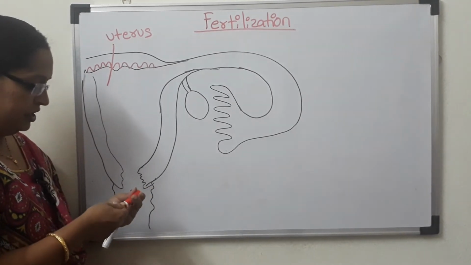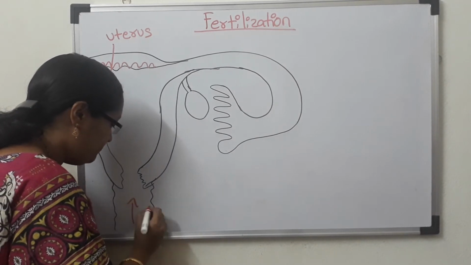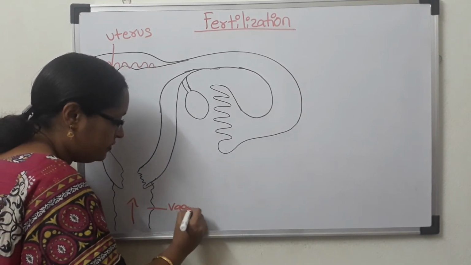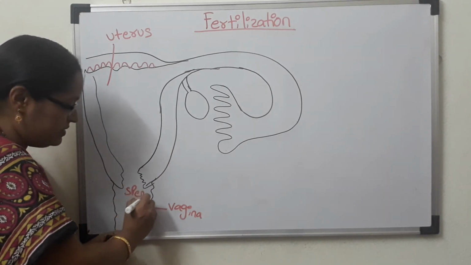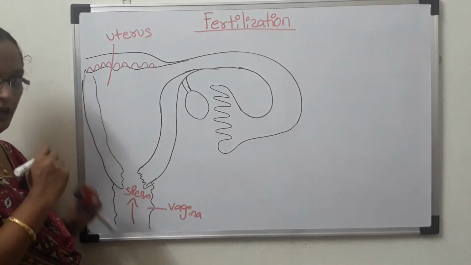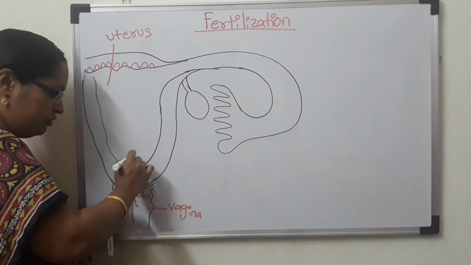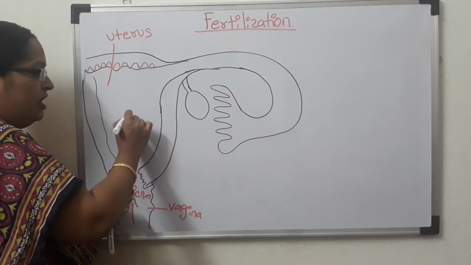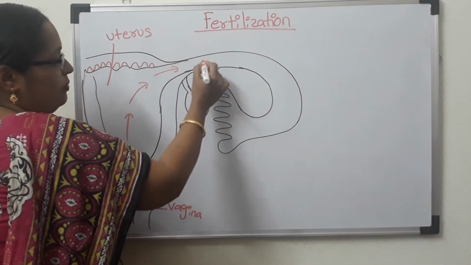After copulation, the sperm cells enter the vagina. From there, with the help of the tail, the sperm cells reach the fallopian tube.